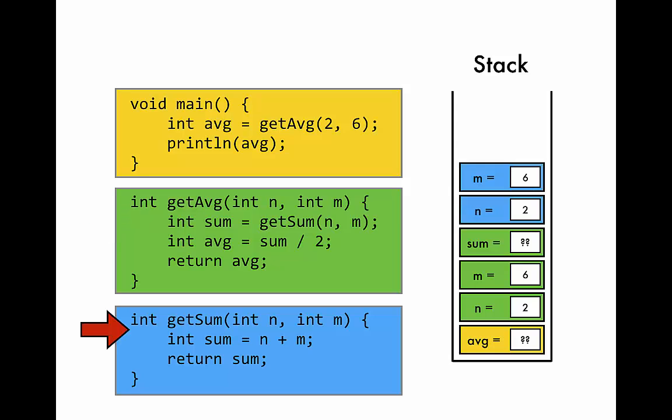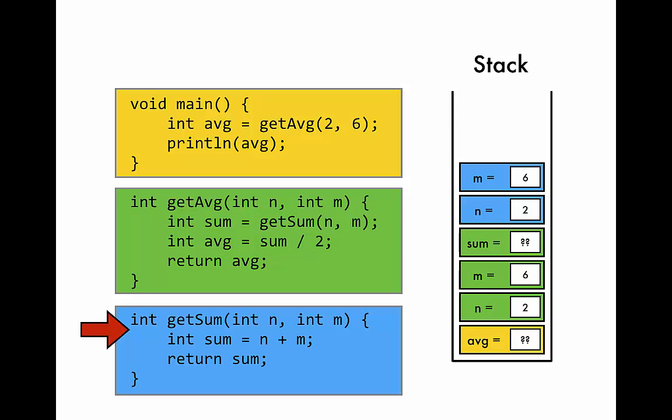When getSum is called, parameters n and m are pushed onto the stack. Note that the parameters m and n that are pushed are the parameters of the method getSum. The parameters of the method getAverage are already on the stack. In the next statement, the local variable sum is declared and initialized.